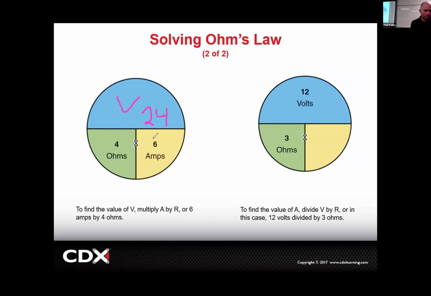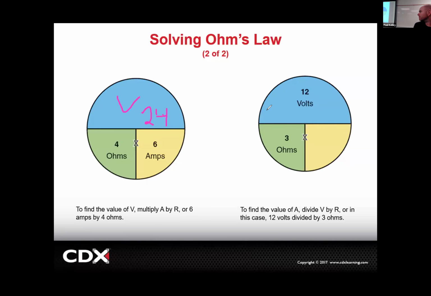Okay, cool? So now this one, I want you guys to just work on for a second. We know the volts. We know the ohms, or the R. We don't know the amps. All right. I'm not going to say a word.